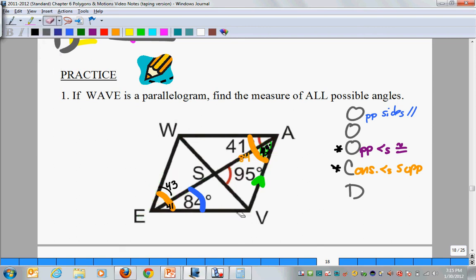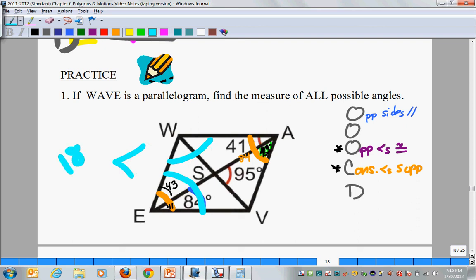Let's see what else we can find. We know that consecutive angles are supplementary. Consecutive angles, that means angles that are next to each other. So in this case, if this whole angle is 84, this whole angle must be 180 minus 84.